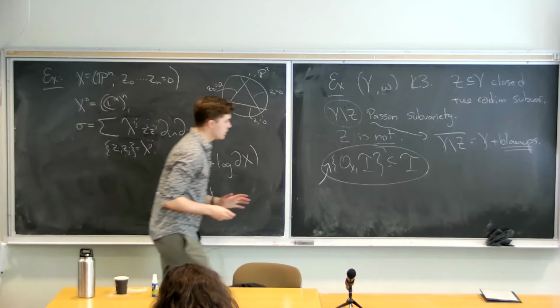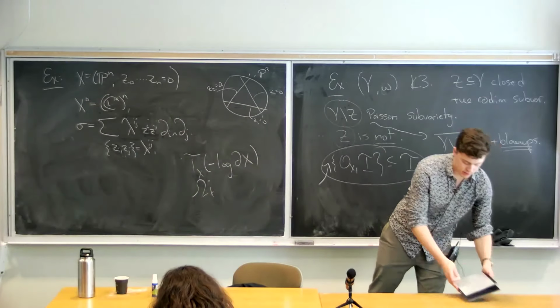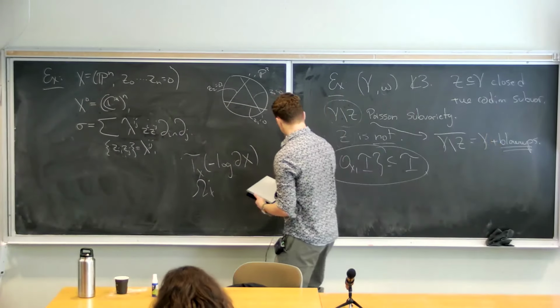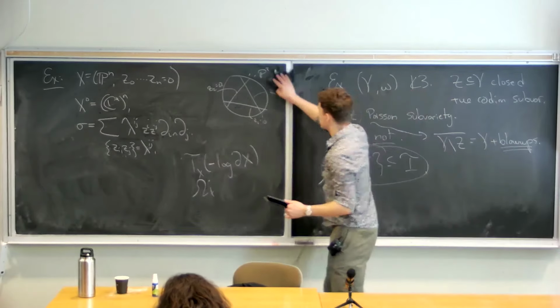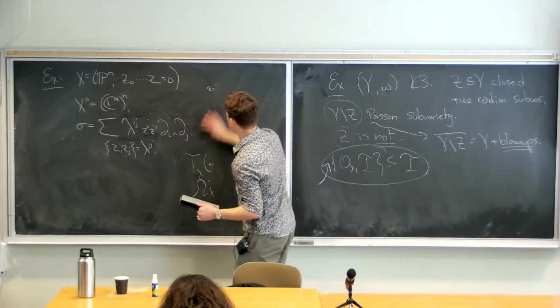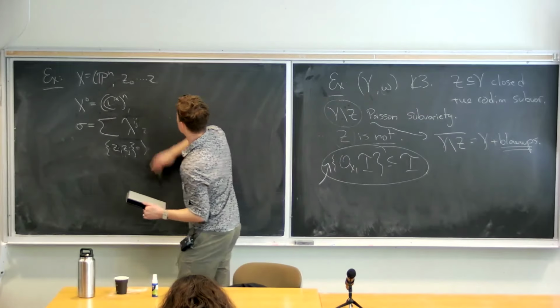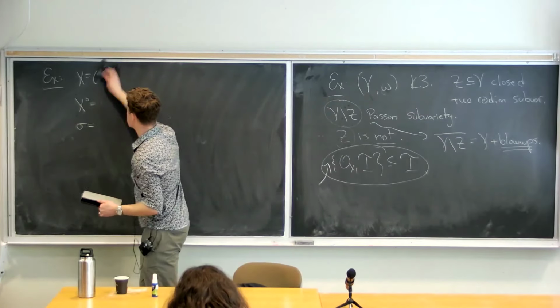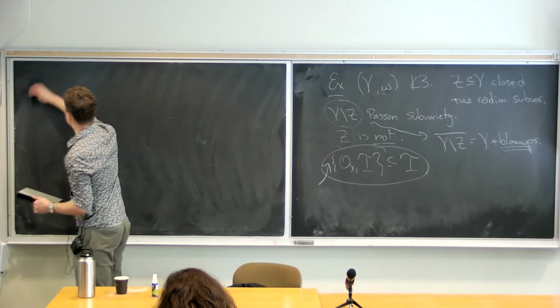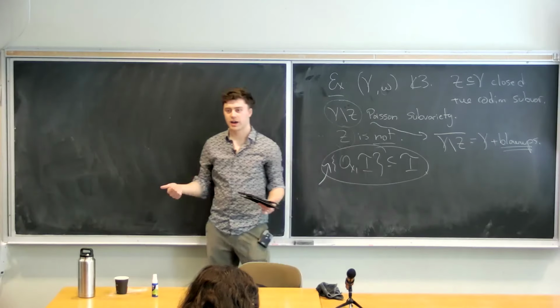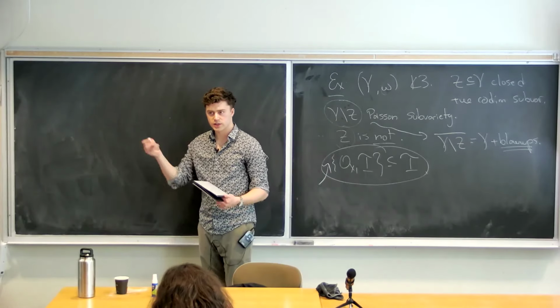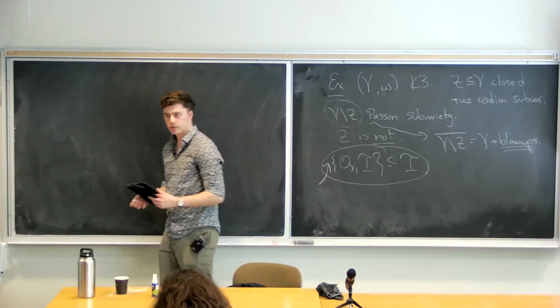Okay, so what I want to do is actually talk about the Hodge theory. Let me just remind you that a Hodge structure is something which looks like the cohomology of a compact Kähler manifold. In particular, you have a lattice, you have conjugation, and you have this p,q direct sum decomposition.